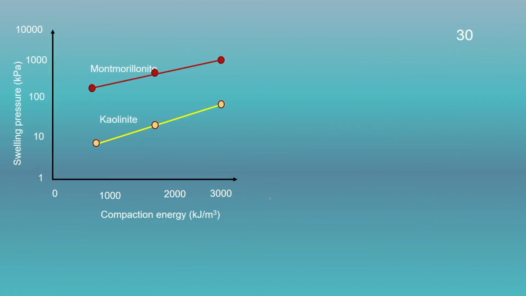Similar to the swelling potential, swelling pressure is also proportional to the diffuse double layer thickness. Therefore, if we look into the two minerals over here, montmorillonite and kaolinite, and compare the swelling pressure for those two minerals compacted at different energy, we could see here that montmorillonite will have a higher value of swelling pressure in comparison to kaolinite compacted at the same level of energy.